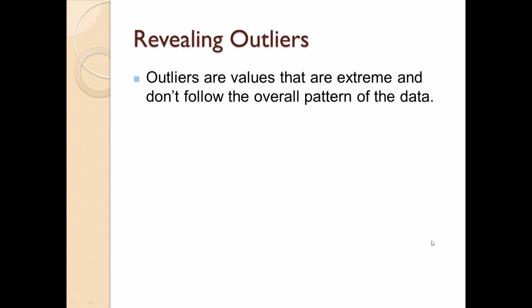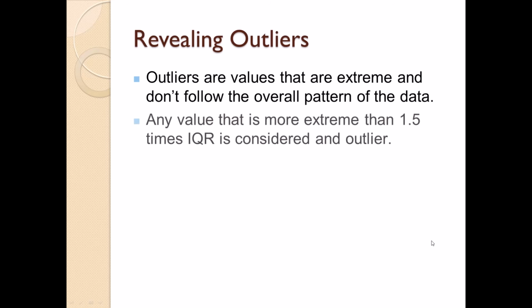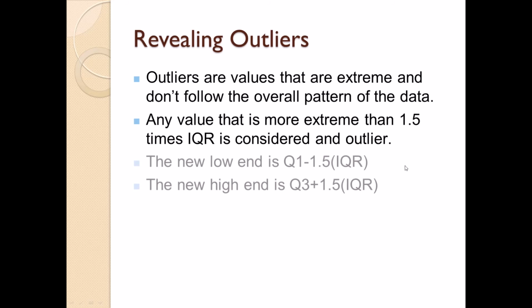All right, revealing outliers. These are values that are not in the overall pattern of the data. They kind of are out by themselves. You see them that way in a modified box plot. And it's any value that is more extreme than 1.5 times your IQR in either direction.